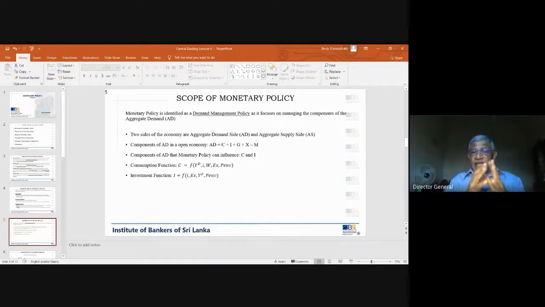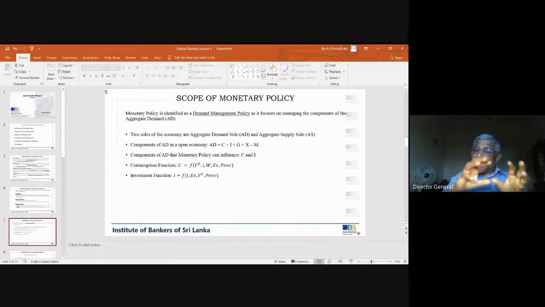Therefore, they can plan according to their expectations and execute them with confidence. That's what we said. Central bank is going to create that environment, an environment of price stability.